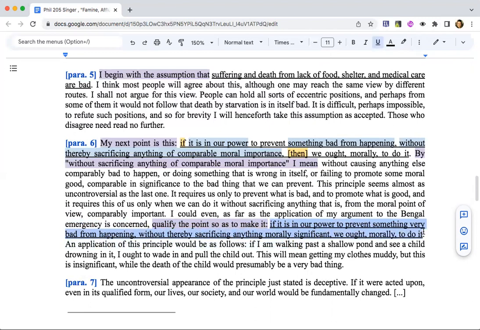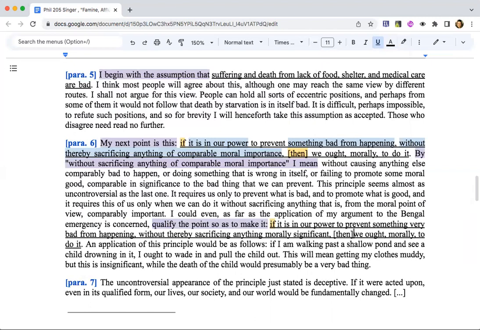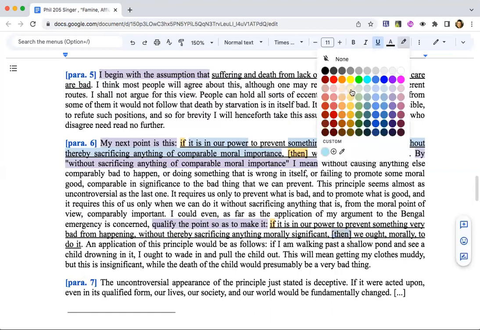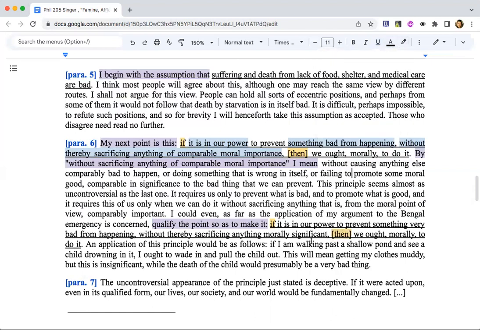If upon first read, you're like, that sounded like the same principle. It's very similar. Structurally, most of the words are the same. So let's figure out what's different. Again, it's an if-then. If certain criteria are met, then you have a moral obligation, says the principle. What has changed?